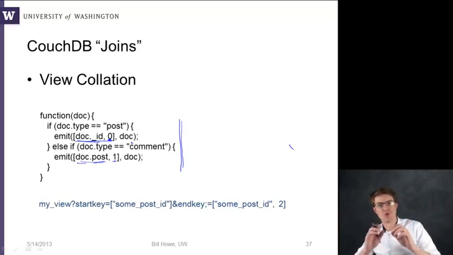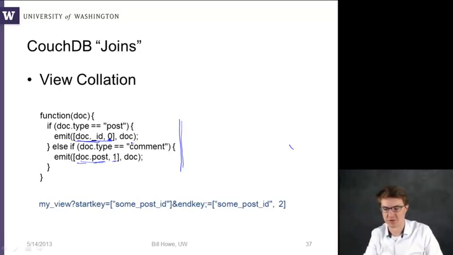And now you'd think that you could just do a reduce function to actually compute the join that you might want, but it turns out reduce functions don't quite work that way, and there's some scalability issues. So what people recommend is to do this view collation trick where you still spit out the data in sorted order, but then you can query it.